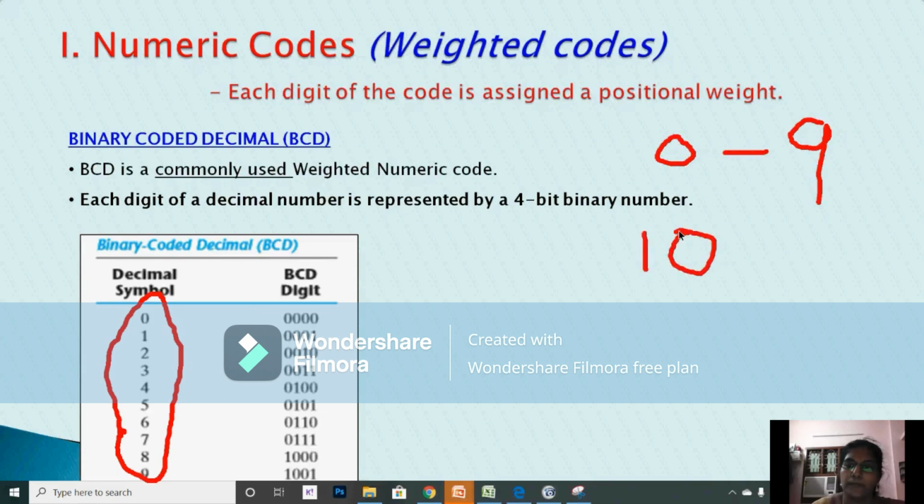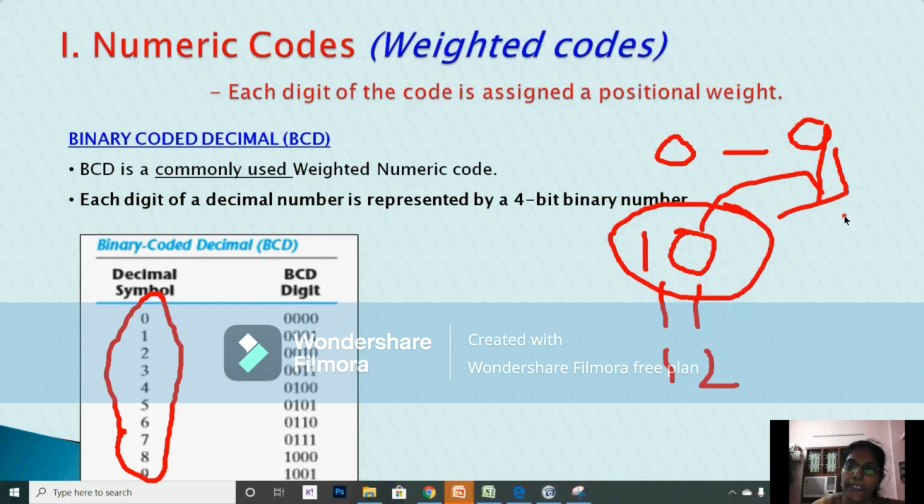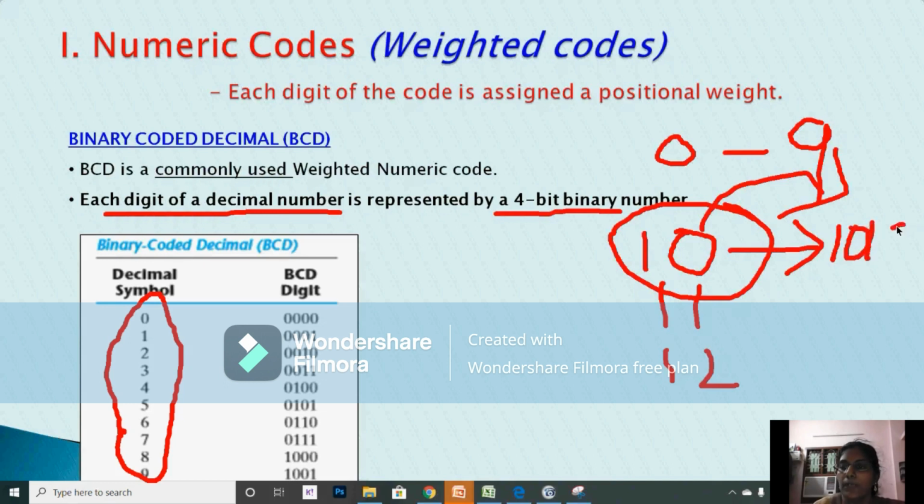From 10 onwards they are double digit: 10, 11, 12 are double digit. We can represent them in 4-bit binary, but what is the definition of BCD? Each digit of the decimal number needs to be represented in 4-bit binary. So you may ask the question: for 10, what is the equivalent binary?